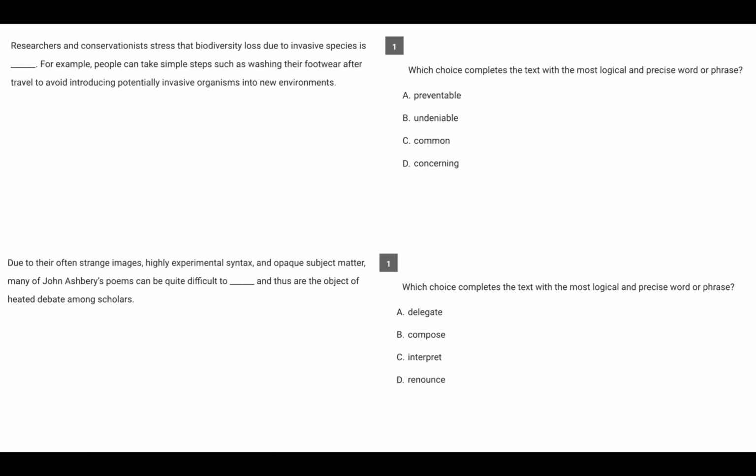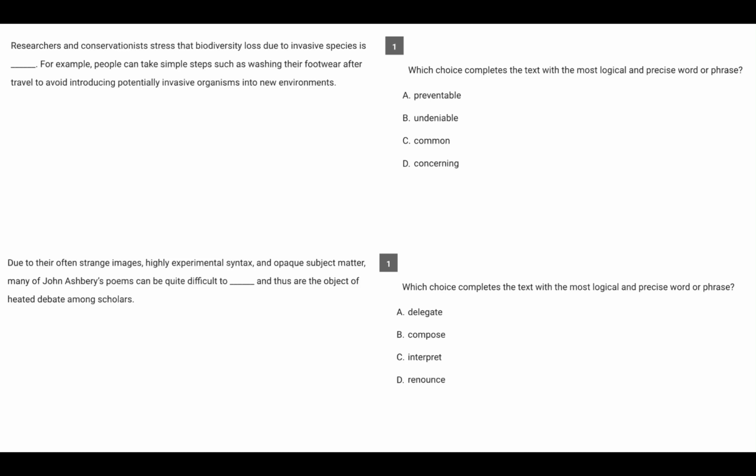So they're saying that John Ashbery's poems consist of strange images, highly experimental syntax, and opaque subject matter. Okay, and then they are giving us a direct effect of that. Because of this, his poems can be quite difficult to something. And then they're giving us the effect of this effect. Thus, the object of heated debate among scholars.